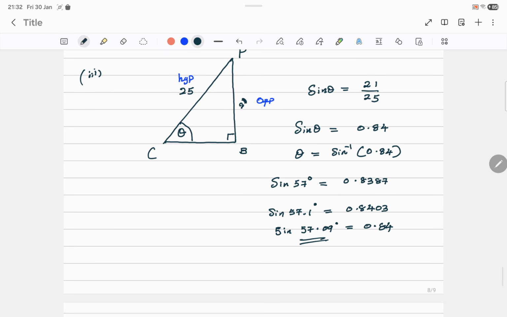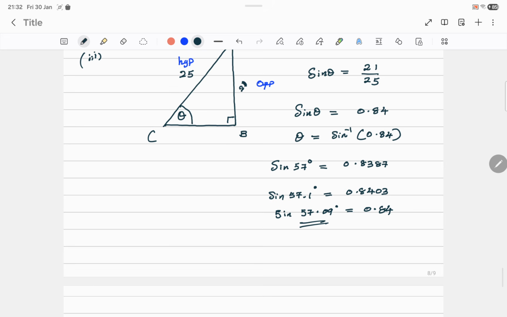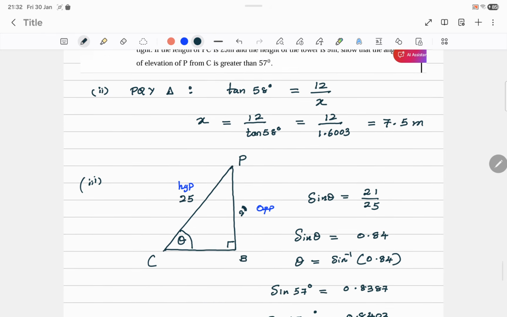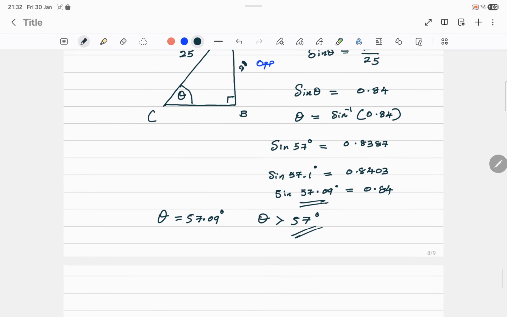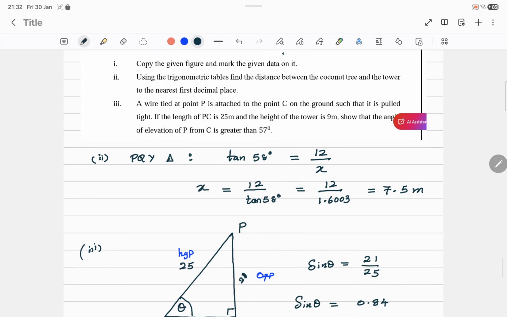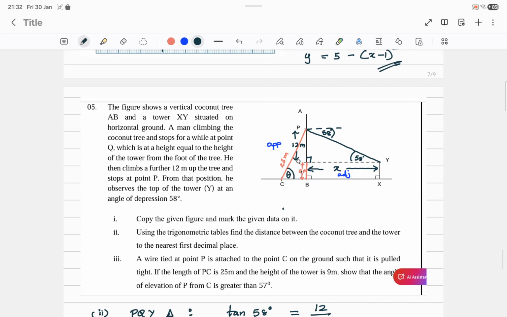So this angle is greater than 57, so theta is 57.09. That means theta is greater than 57, so the angle of elevation is greater than 57. So that is question number 5. Then we'll do the 6th question next.